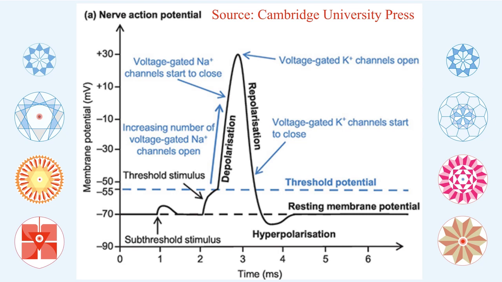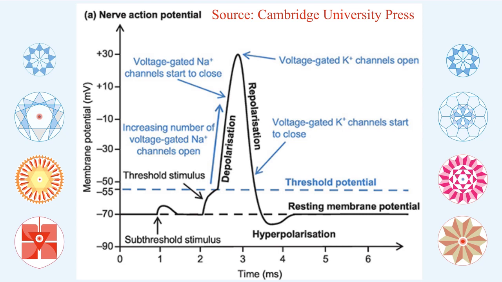But when it reaches a particular level of threshold, as you can see in this plot between minus 70 to minus 55, they show a curved line. But when it reaches minus 55, then you find suddenly a peak going up. Why?